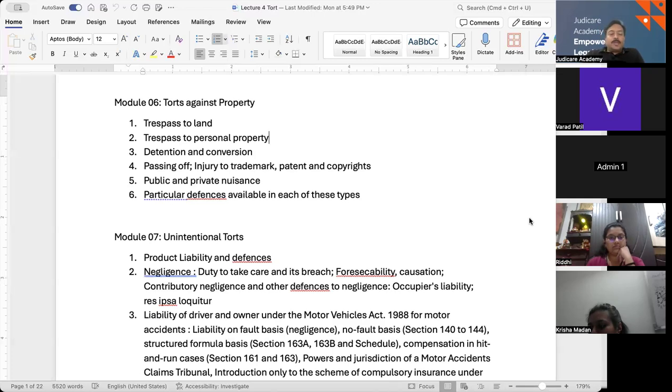So the case example is Moore versus Regents of the University of California, 1990. This gives a complexity around ownership and informed consent regarding biological materials.